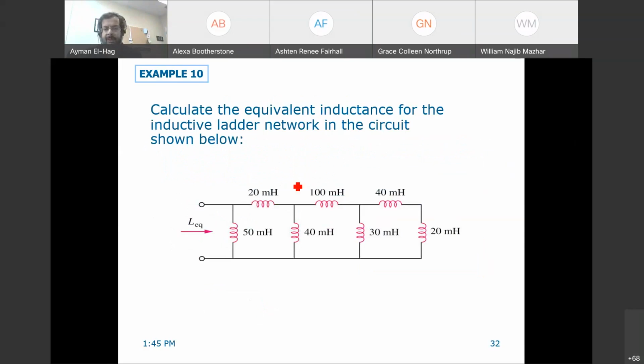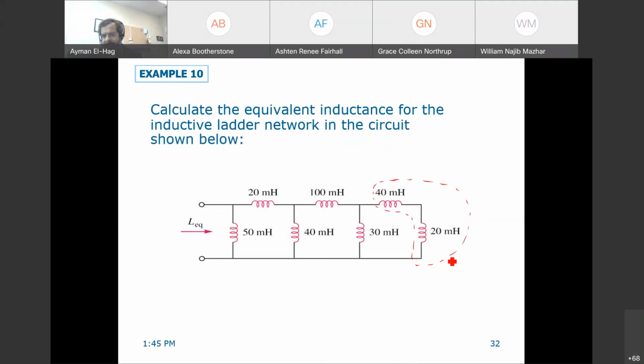In this example, we have a couple of inductors in parallel and a couple of inductors in series, and we want to find the total. As we said, I'm interested in this side, but we always go to the other side because at this side it's very hard to identify anything in parallel or in series. So we can see here these two are in series.